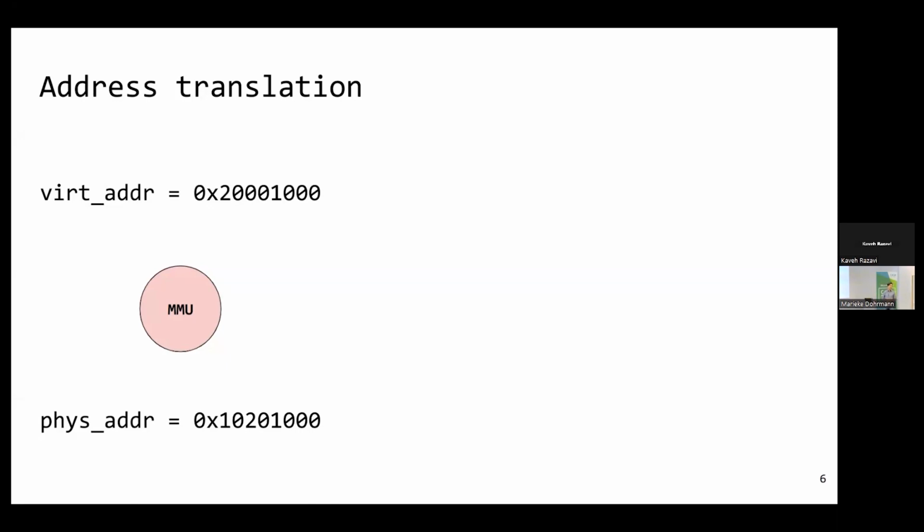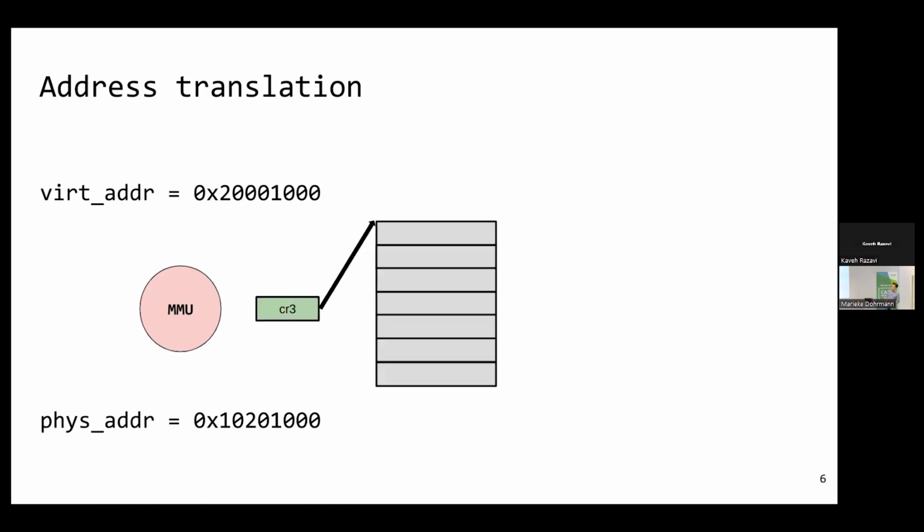All the memory accesses that go through your system are through virtual addresses. They're virtualized. Which means that you have a memory management unit in your CPU that does this translation from virtual addresses to physical addresses. And this translation is done by a data structure known as page tables, right? So the MMU looks at page tables to translate a virtual address to a physical address.